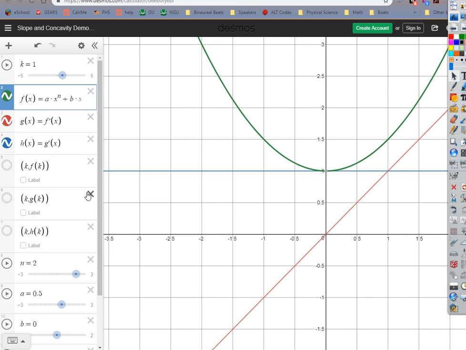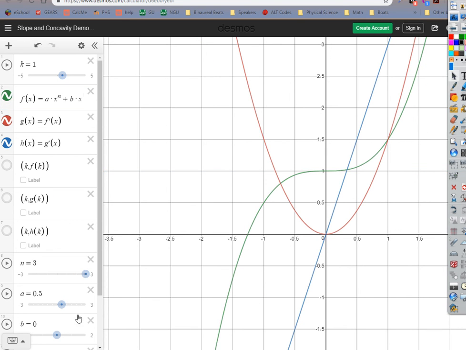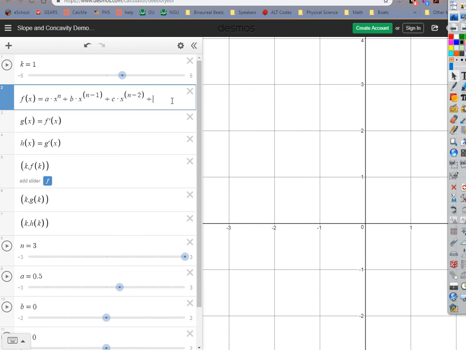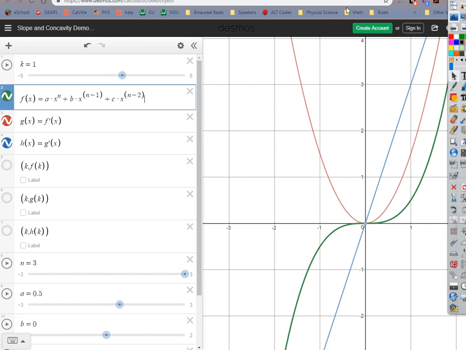Okay, let's change things up a little bit before we move on. What if I made this cubic? Does that make sense?